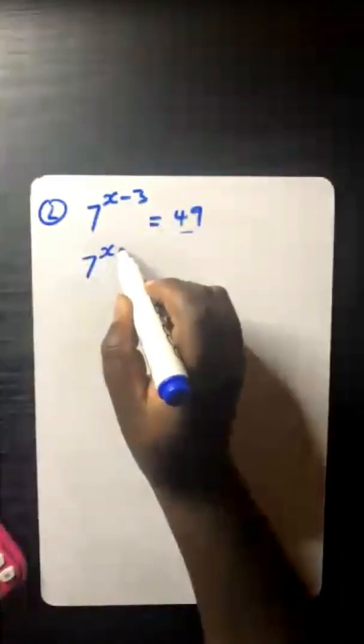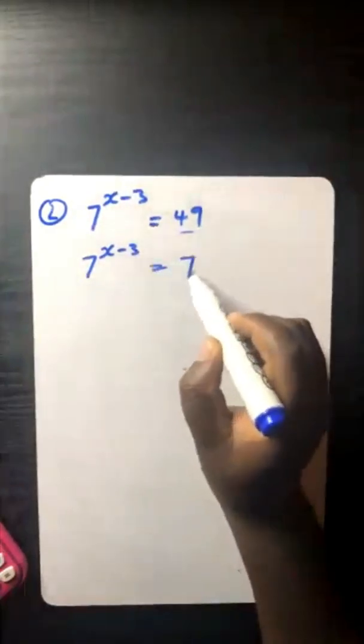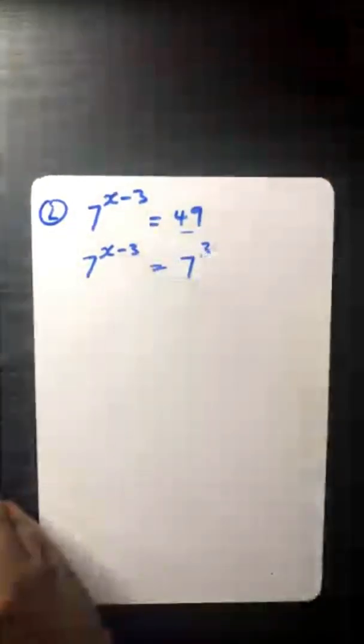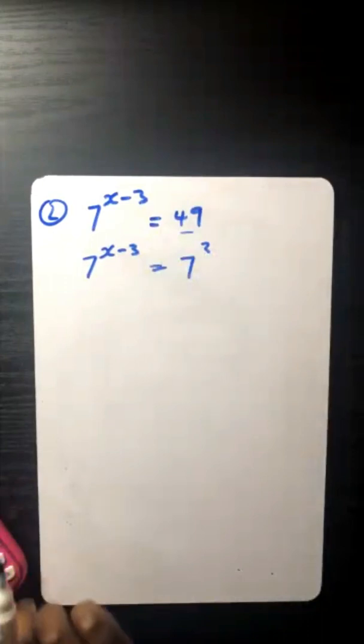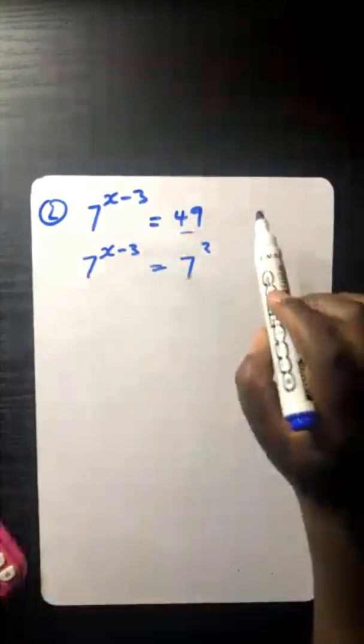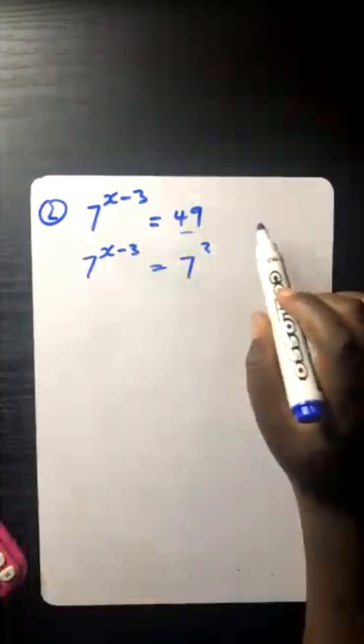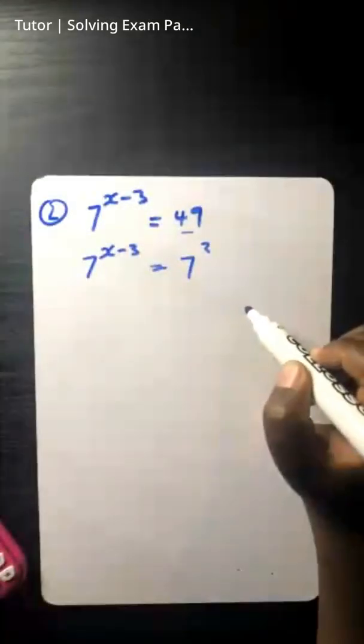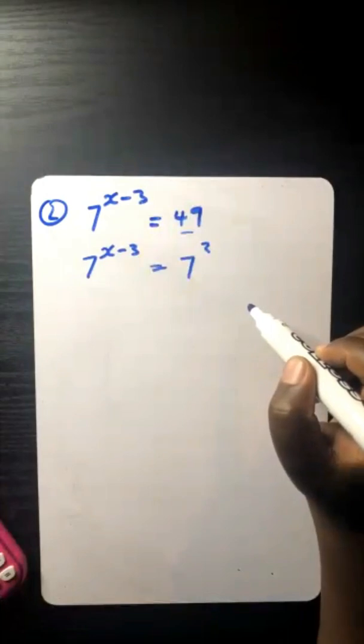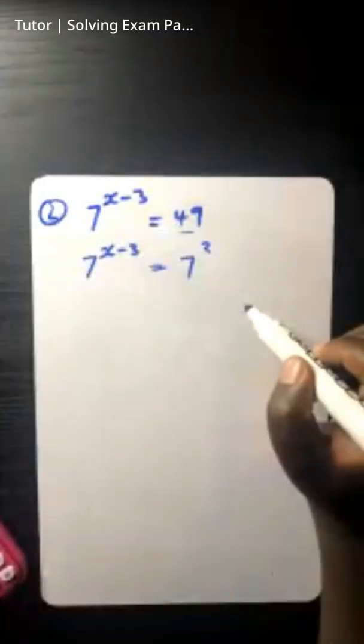So which means we've got 7 to the exponent x minus 3 is equal to 7 squared. Do you want to guess the next step? Since we have the same bases, they fall away, and it will be x equals 2.